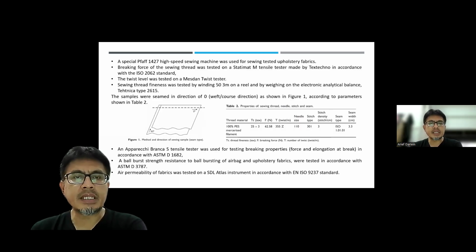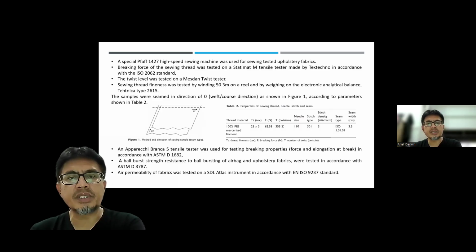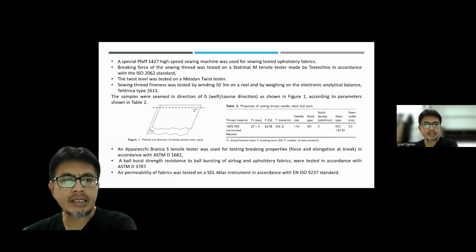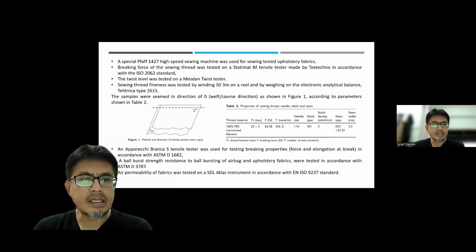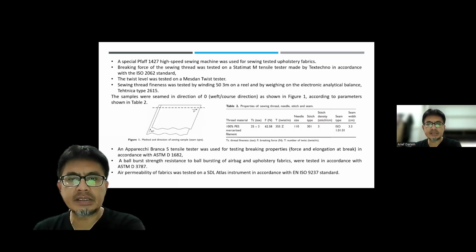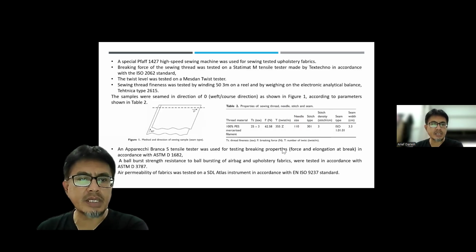The samples were sewn in the direction of zero, meaning the warp or course direction. And there are also tensile testers for testing the breaking properties, force and elongation at break, according to ASTM D1682.